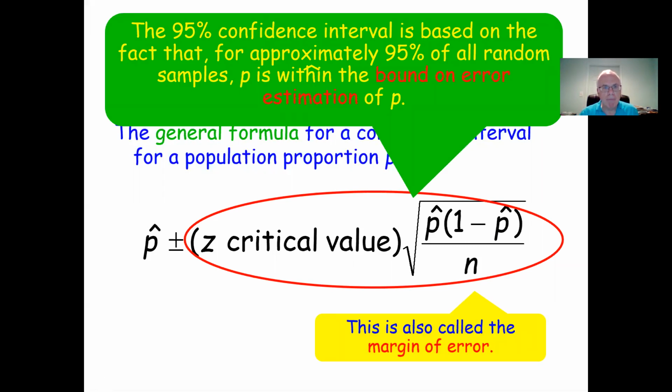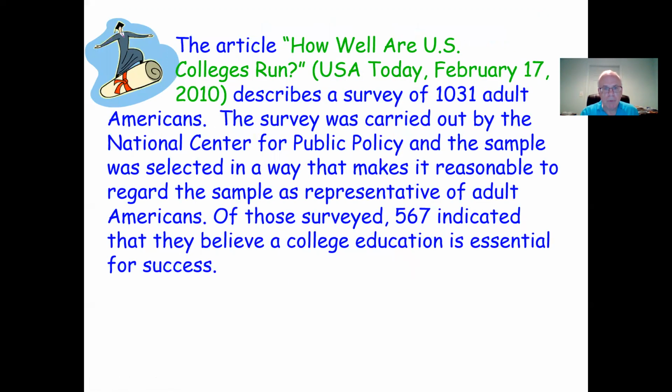That's more common. Okay, so we used this example last time to determine a confidence interval. In this case here, it was a survey of 1,031 adult Americans. And out of that survey, 567 of them indicated they believe a college education is essential for success.